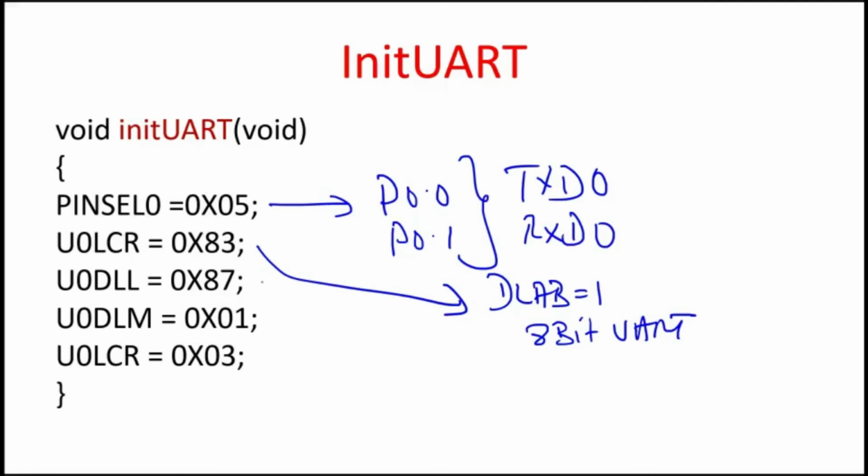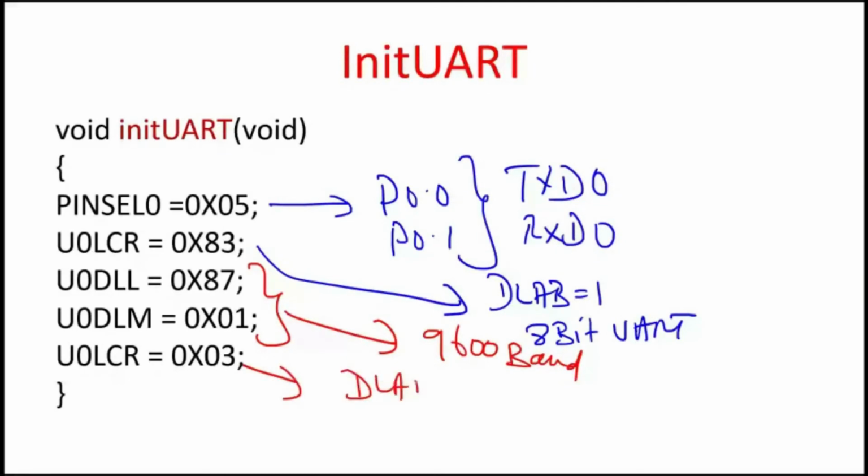DLL 87 and DLM 01 means you are setting 9600 baud. UART0 line control register 03 means you are putting DLAB equal to 0, still setting the 8-bit UART. That is what it is, 03. So this will initialize your UART. So this happened to be my first function for using UART.